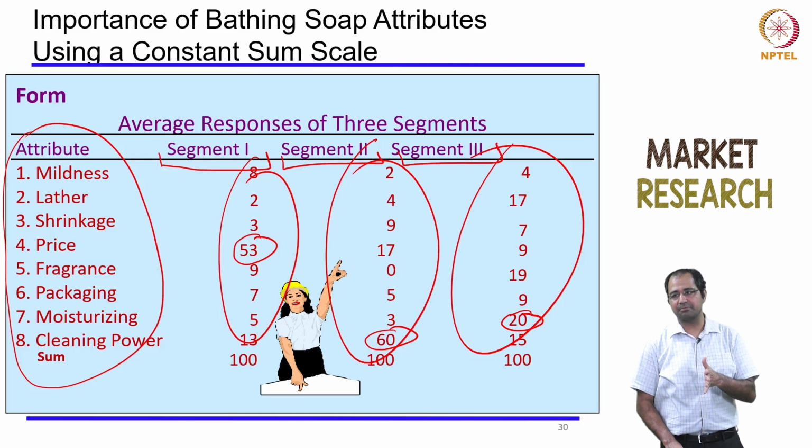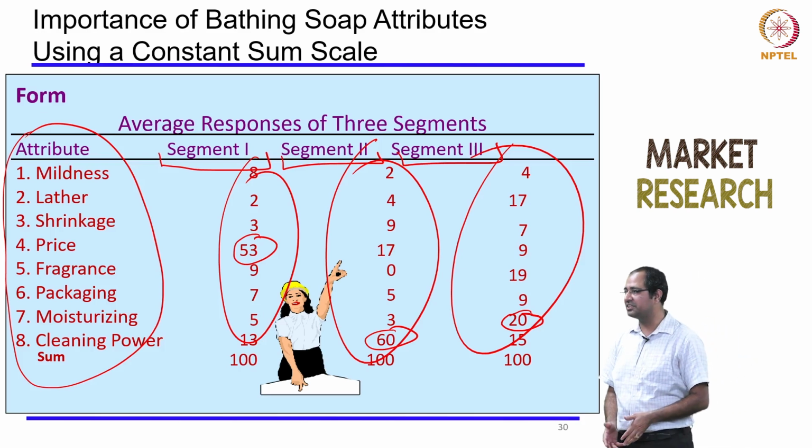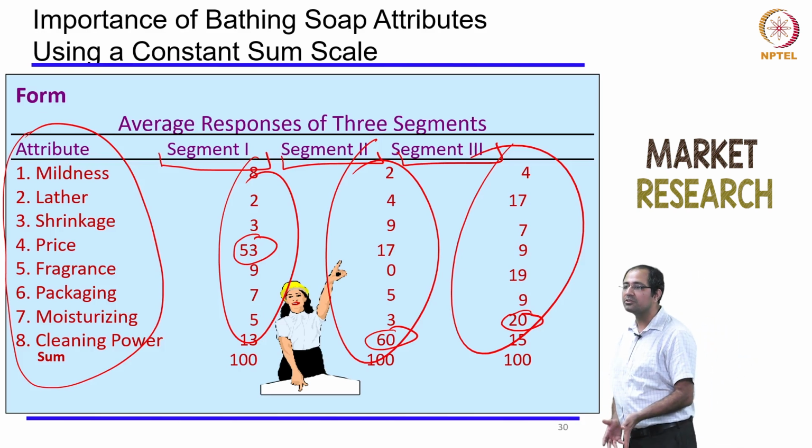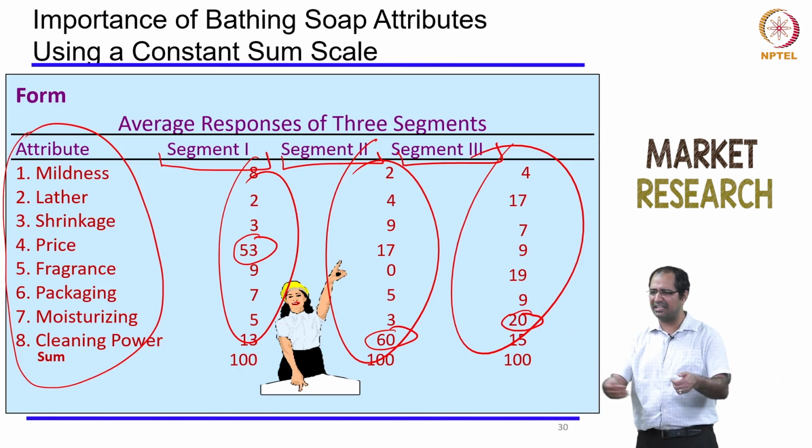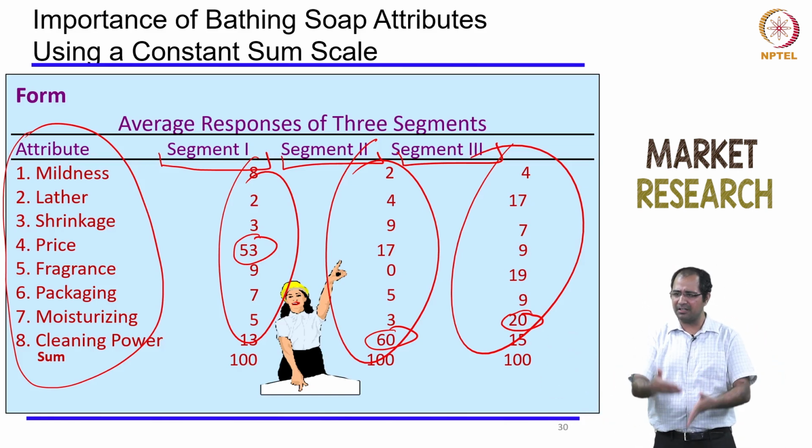But you could also ask me, this is out of 100 for each segment. When you are asked to allocate 100 points, somebody could allocate 0 points also. So why is it not ratio? Why is it comparative scaling? Why are we getting the ordinal sort of order?